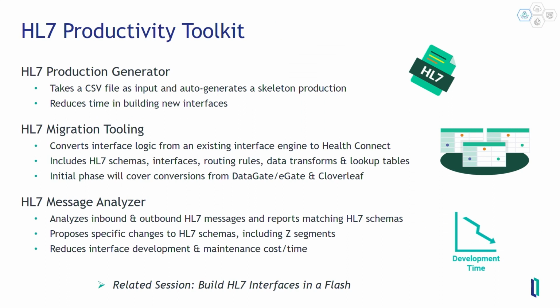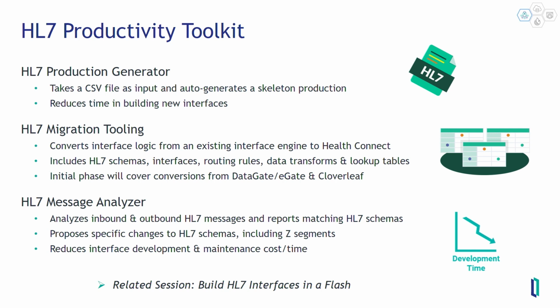Okay, so let's circle back to the area of interface productivity. We now have a suite of different tools and features that we're labeling the HL7 Productivity Toolkit. These features are all about speeding up the creation and the migration of HL7 interfaces.